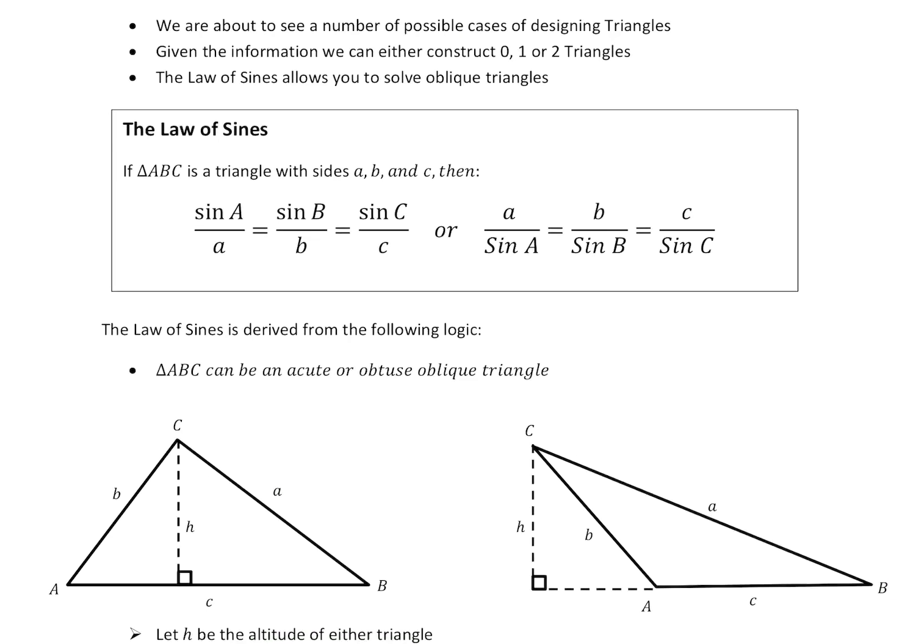Now, the thing is when you're designing these triangles, it's very possible that you can design 1, 2, 3, or 0, given the information. And it matters because if you can't even create the triangle with the given information, then you're done. Right?